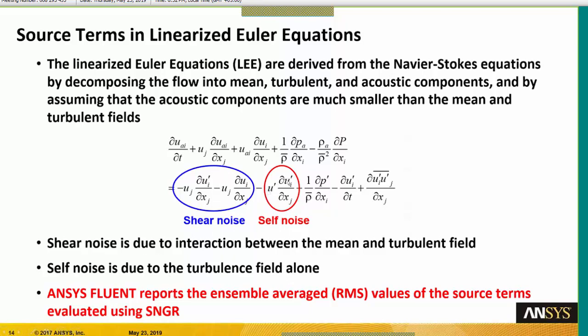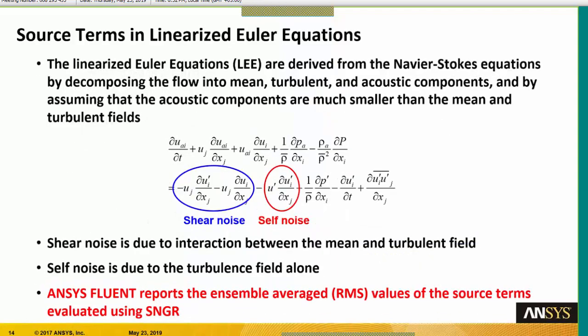It's turbulence that is creating its own noise, and for shear noise, you have an interaction between the turbulence field and the mean contribution to the flow field, and an interaction between 2 mean flow components. So these 2 terms are source terms, and they contribute to the noise that is created inside this equation.